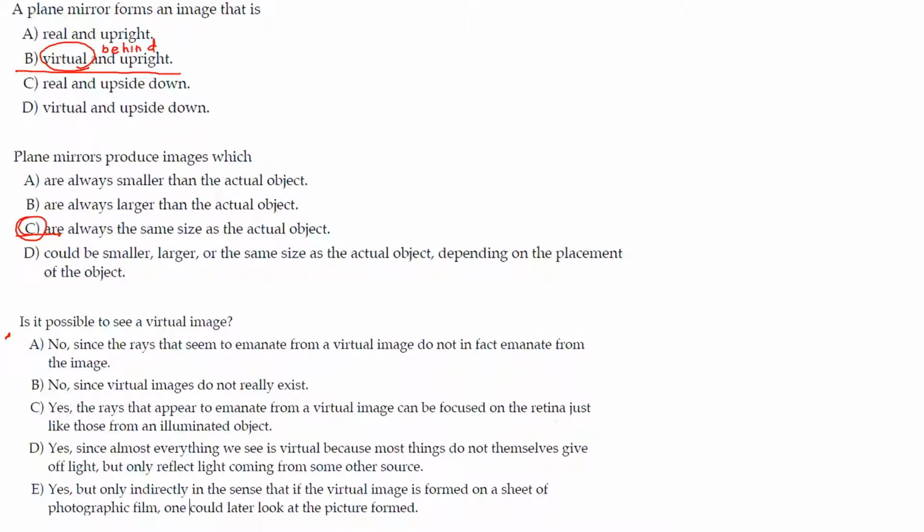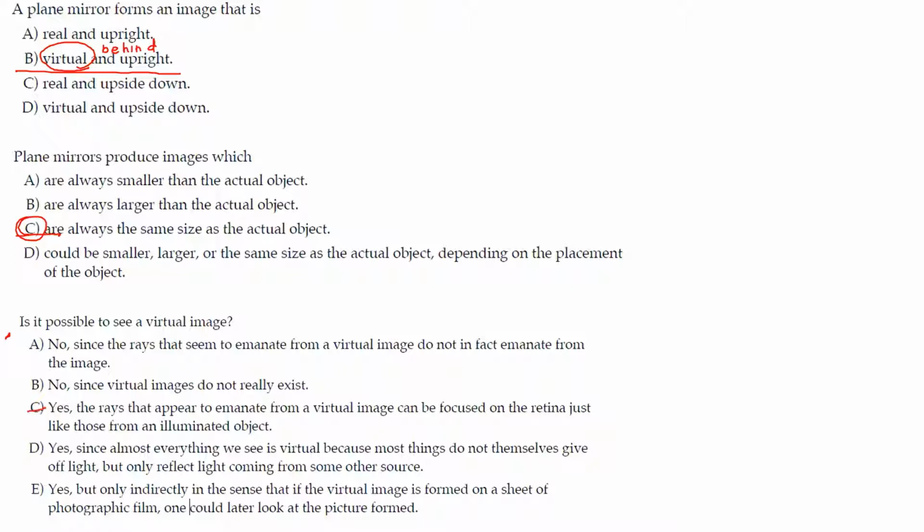That is true, right? So the rays, although they are not really coming from the image, they appear to come from the image, and they can still be focused in our eye.